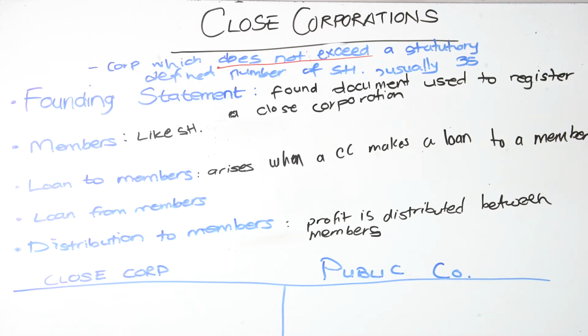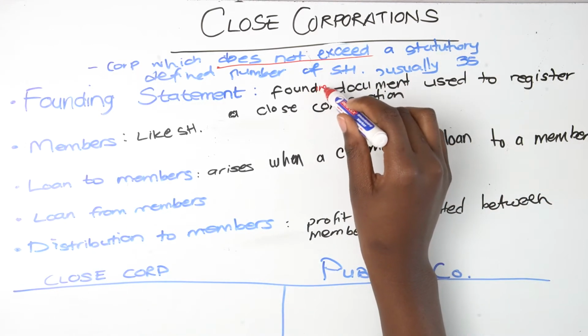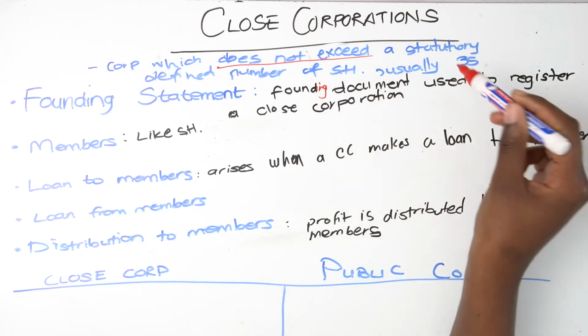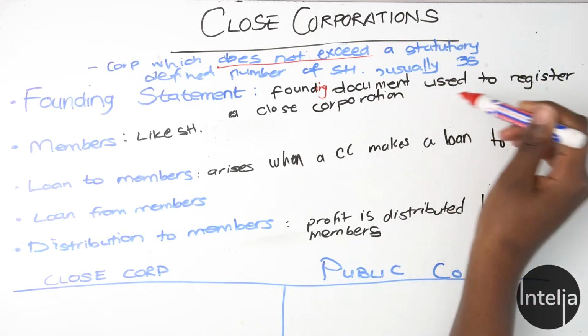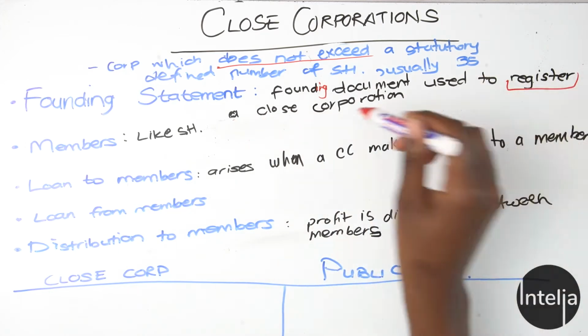And so there are a few definitions I said that you need to know when going into your exam. First and foremost, a founding document is used to register a closed corporation. So this is basically a registration document.